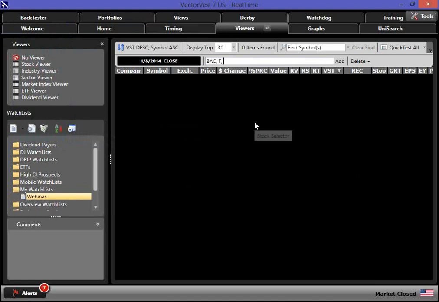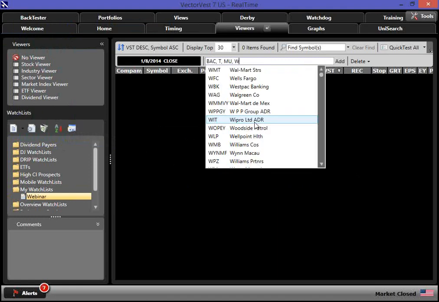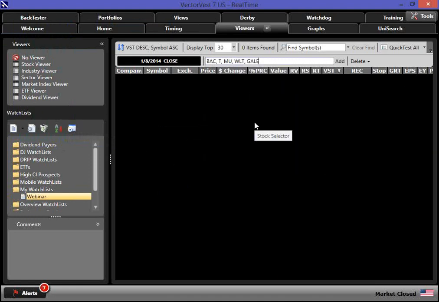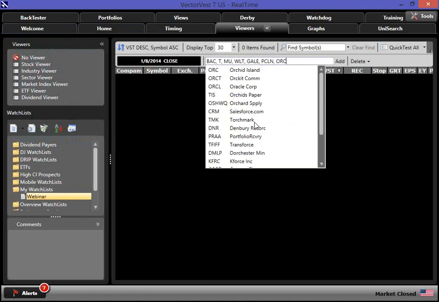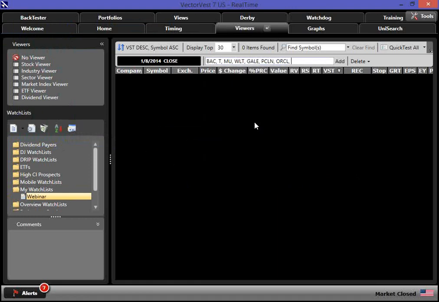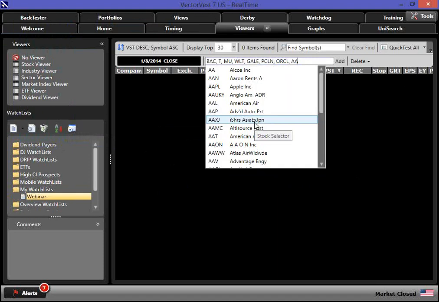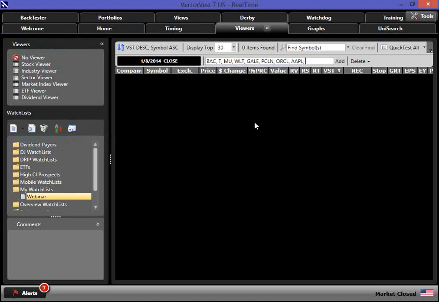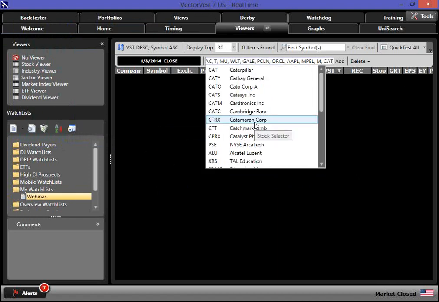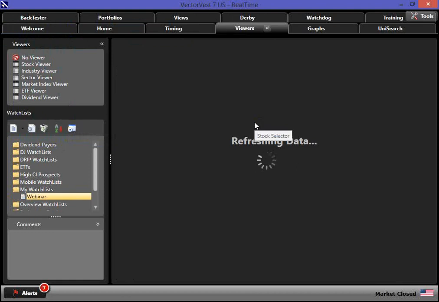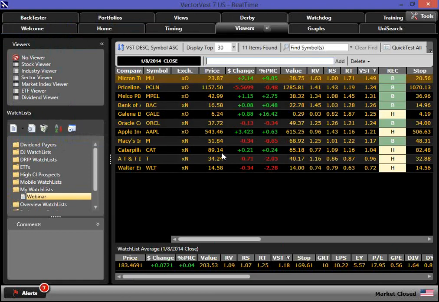Let's go to T, MU, WLT, Gale, PCLN, Oracle, Apple. Everybody always wants Apple. Bell, all caps. I like that. Thank you, it makes it easier to read. Caterpillar. And let's see how many I've got so far. Oh, 11. We went bonus round.